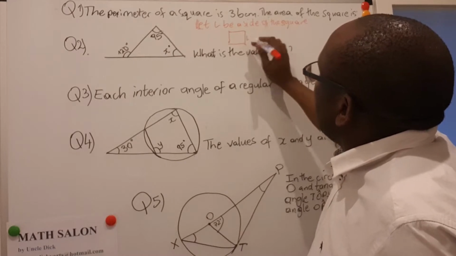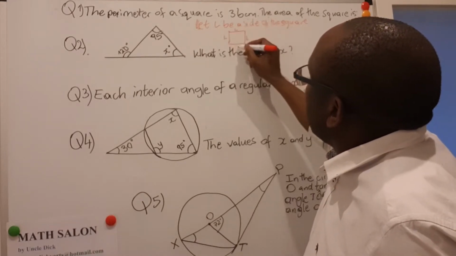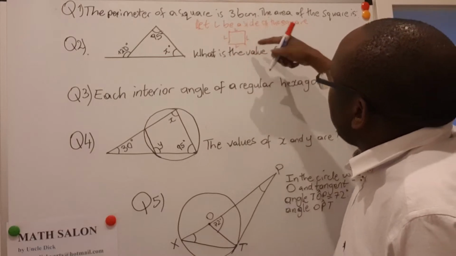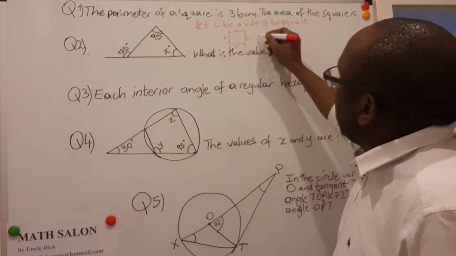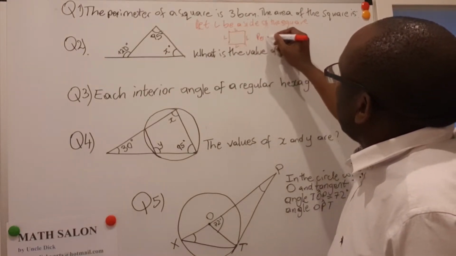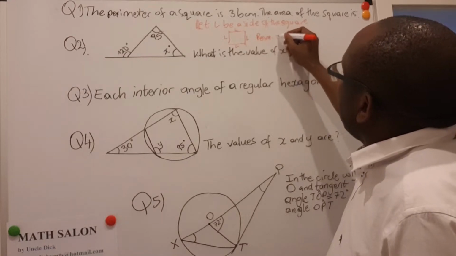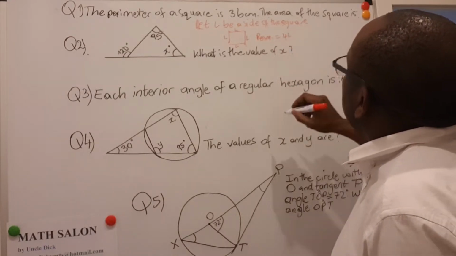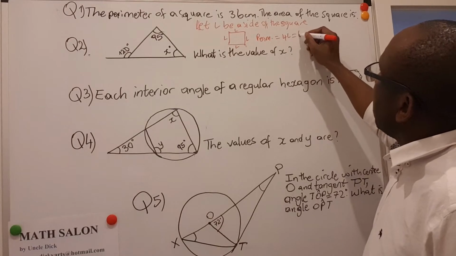That's L. But there are 4 of them, so they're all L's. And the distance round is L plus L plus L plus L. That means the perimeter is equal to 4L. And we are told it is 36.